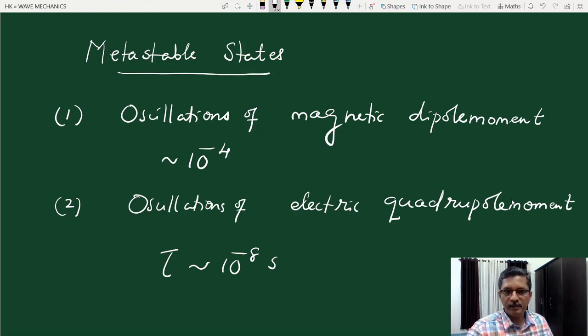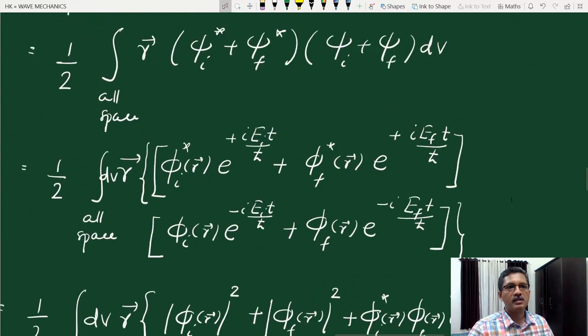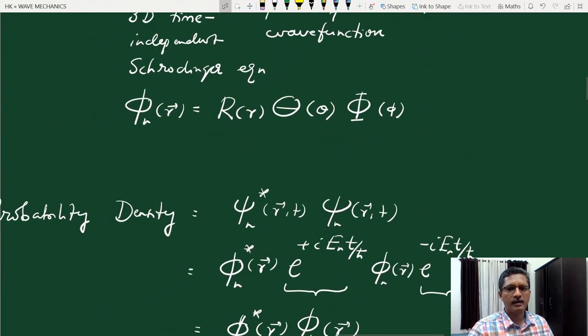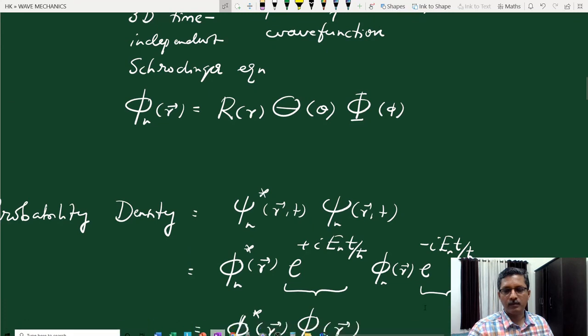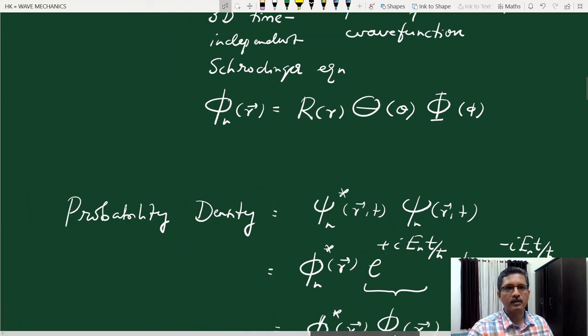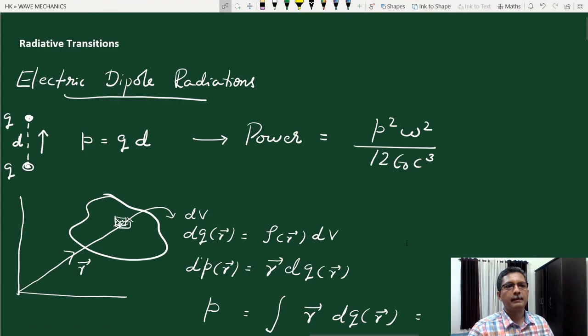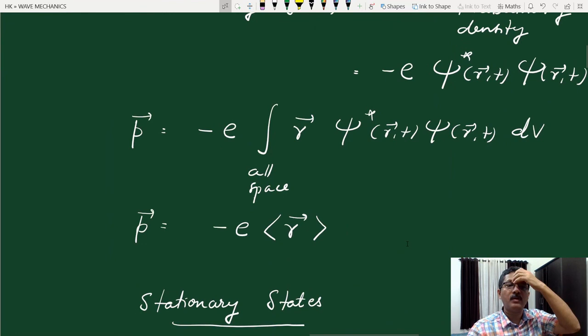So we have seen in this class the idea of dipole oscillations, which we have taken from classical electrodynamics, and radiations emitted by an electric dipole.